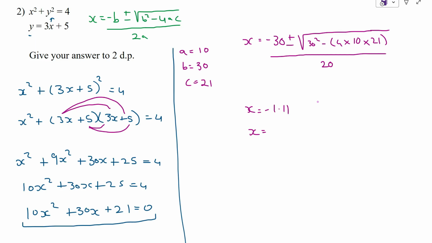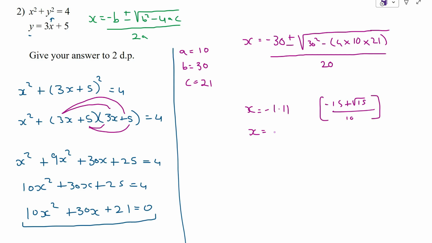And one thing that I'm going to do here, just to make it easier for when it comes to working out y and actually doing our checks, is I'm going to write out the fraction equivalent, and that is what we will use in the next equations, as it is better to use the full number compared to a rounded one. Okay, it gives us more accurate results. So the fraction equivalent here is minus 15 plus root 15 over 10.